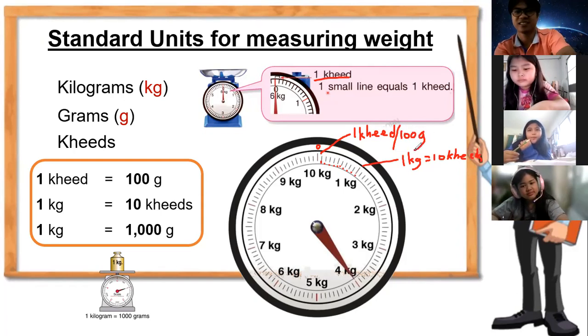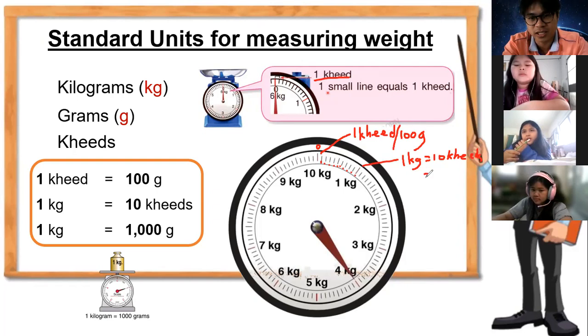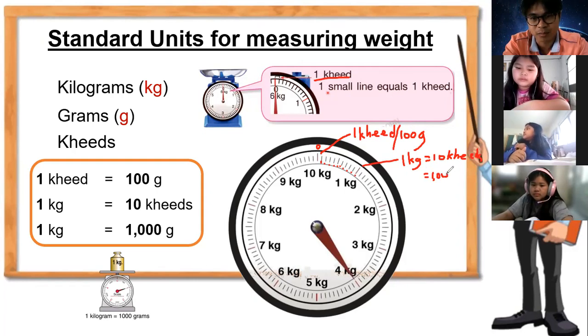Right, like that. So you can see here, one line is equivalent to 1 kid or 100 grams. So this one also is 10 kids, 1 kilogram, or 1,000 grams. Right, like that.